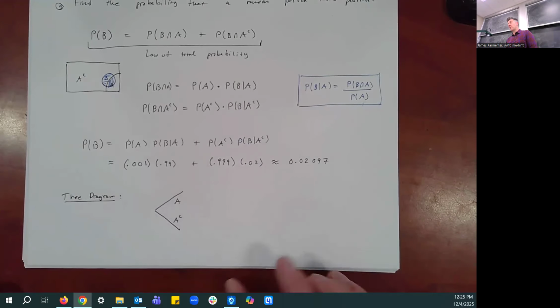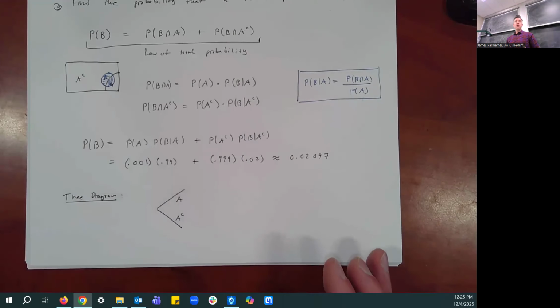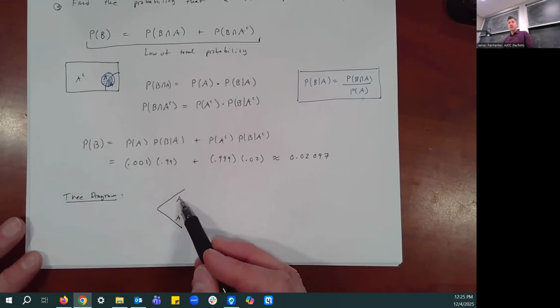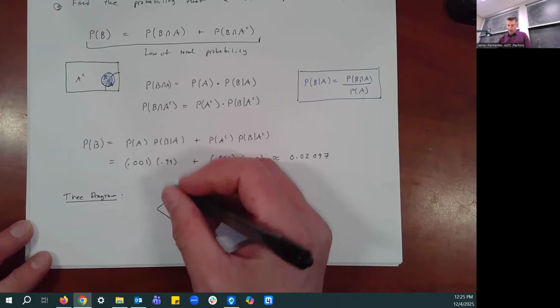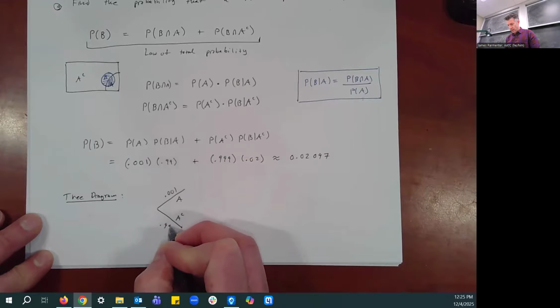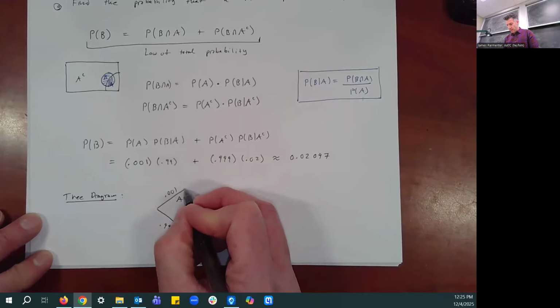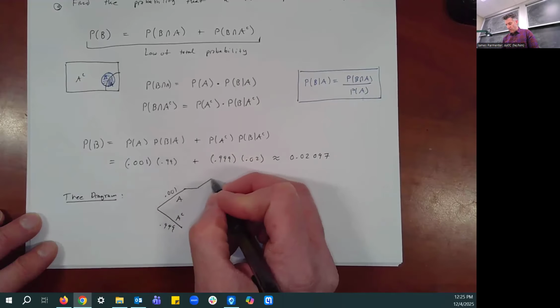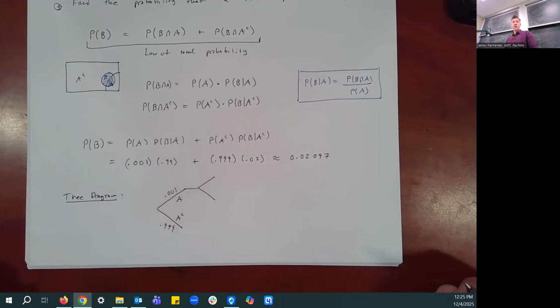And the nice thing about these tree diagrams is that every branching should add up to 100% or 1. So, right, you either have the disease or you don't. Well, the probability of having it is 0.001. The probability of not having it is 0.999. And then if you have the disease, you can either test positive or test negative.